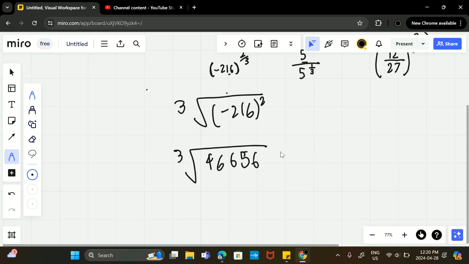Usually on your calculator you can find the cube root, perhaps on the same button as the square root, but you have to press shift or something like that. There should also be another feature for you to use any root that you like. So you put a number, and then that type of root. You'll probably see it on your calculator. It'll be hard to explain without me actually showing you the calculator. So take the cube root of that, you get 36. Cool, that's your final answer. Move on to the next one.